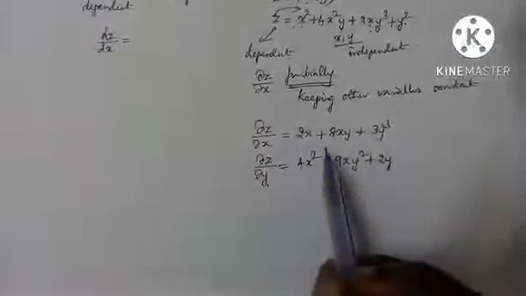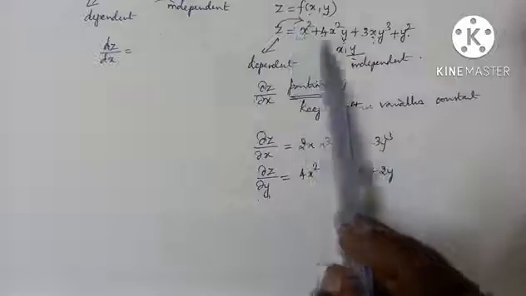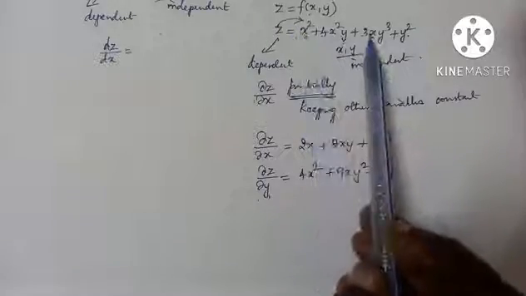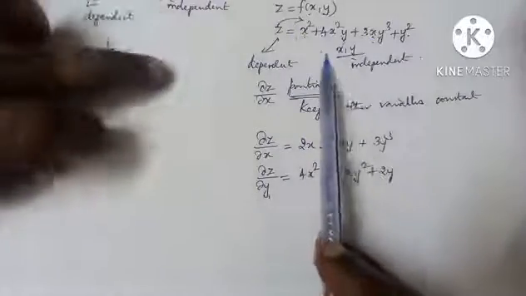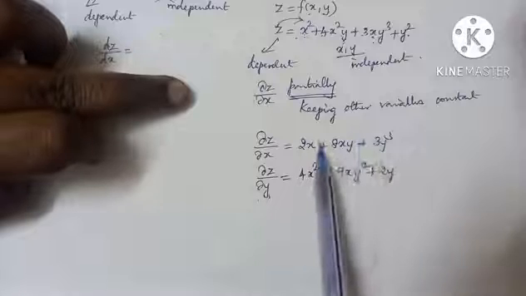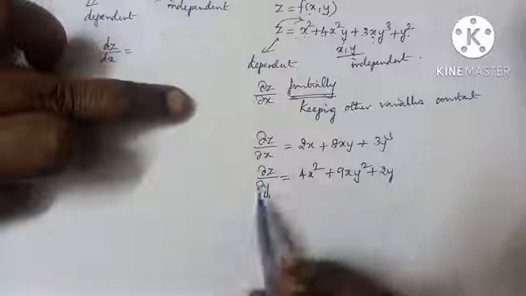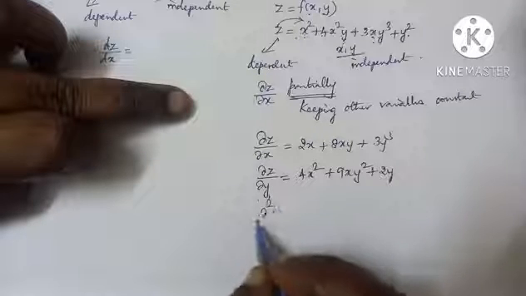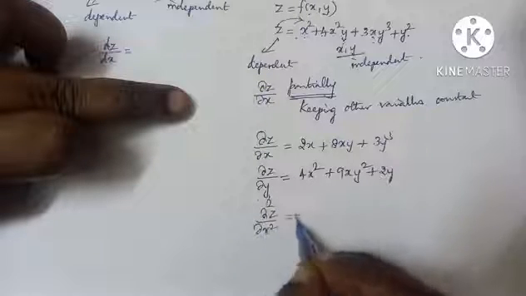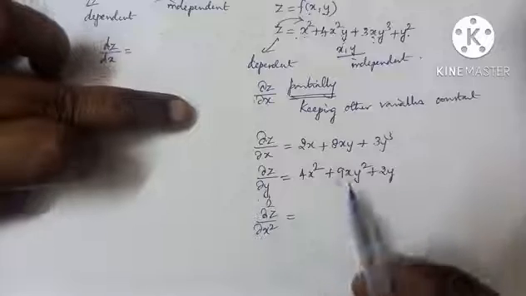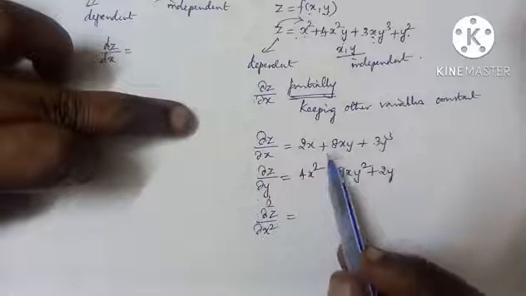Okay? So it's very clear, listen here, when z is a function of x and y, these two derivatives are also functions of x and y. Not only these two, even second order derivatives, third order derivatives are also functions of x and y.